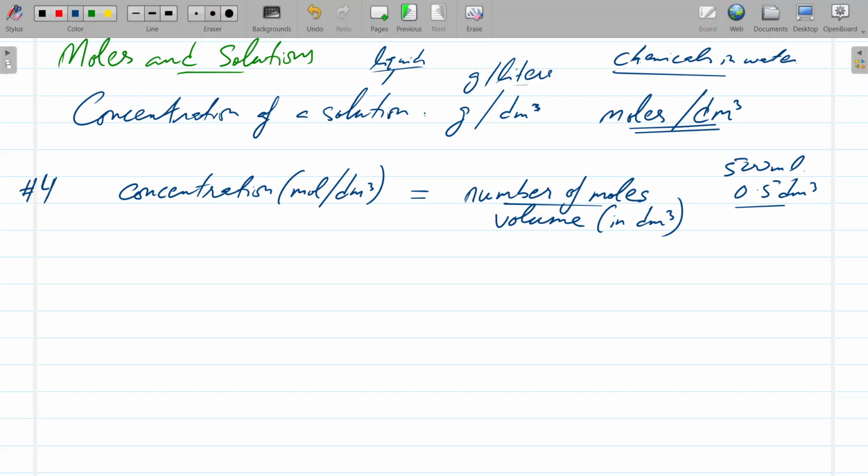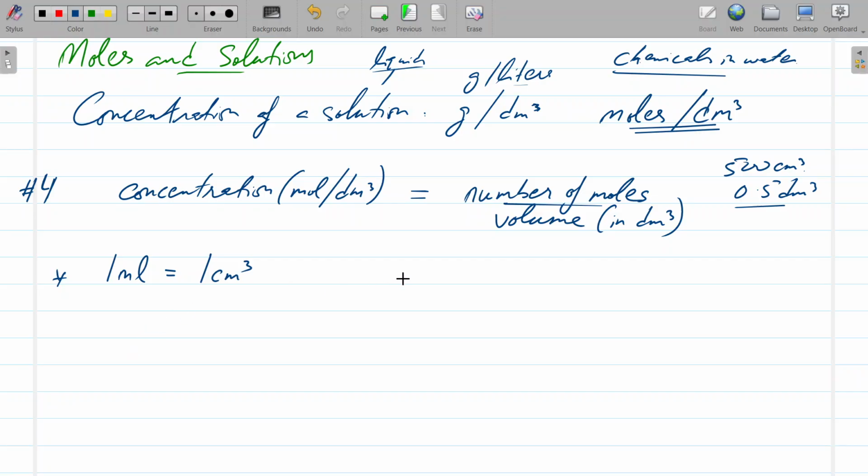Oh, by the way, instead of ml, what you'll be given is centimeter cube. So basically, 1 ml, which is the kind of volume we are used to, is equal to 1 centimeter cube.